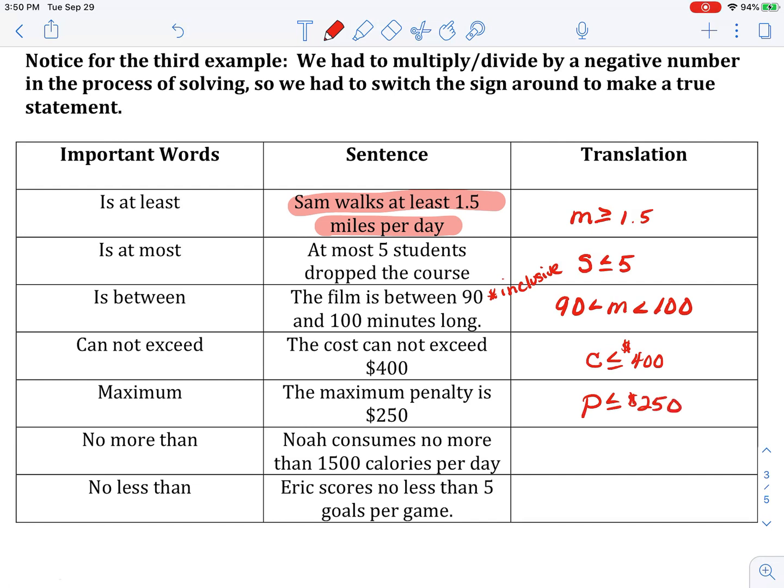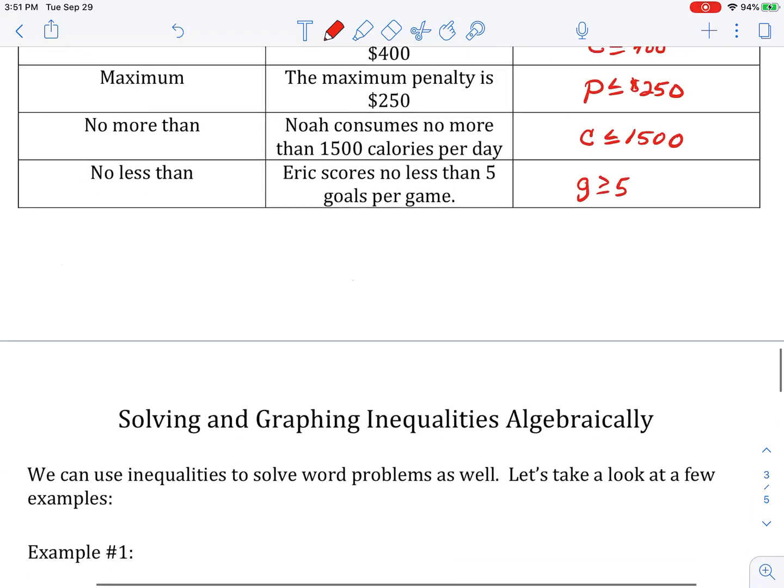Noah consumes no more than 1,500 calories per day. So the number of calories has to be less than or equal to 1,500. Eric scores no less than 5 goals per game. So his goals must be greater than or equal to 5. These are commonly used phrases that can translate into inequalities.